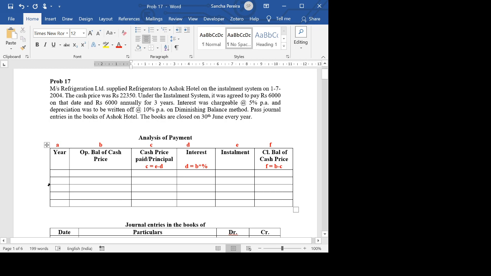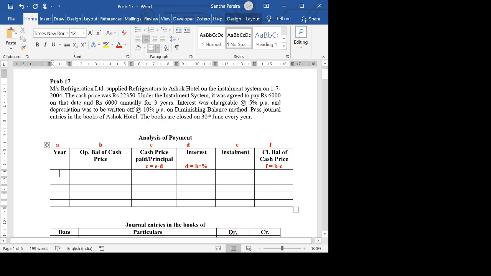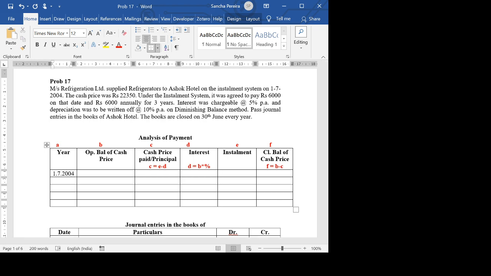Very simple. So we have a date on 1st July 2004. Opening balance of cash price, they told us the cash price 22,350. Now you tell me, I think by now you should know this. First we have the down payment. There is no interest on down payment, so the installment becomes 6,000.